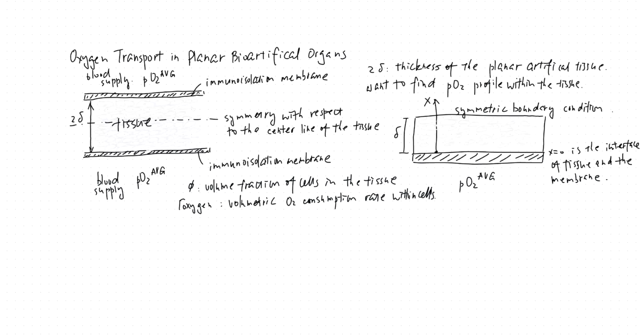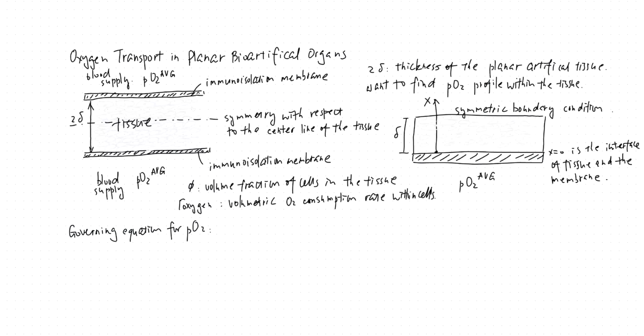We derived it in a previous lecture, for spherical tissue, where we derived that flux in minus flux out equals the total consumption of oxygen within the control volume. So we can do the same thing here.